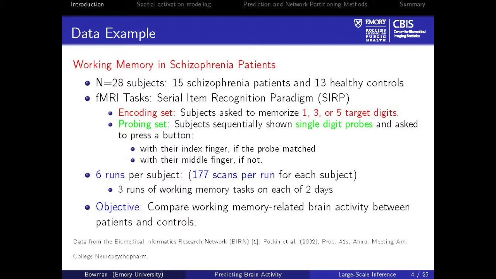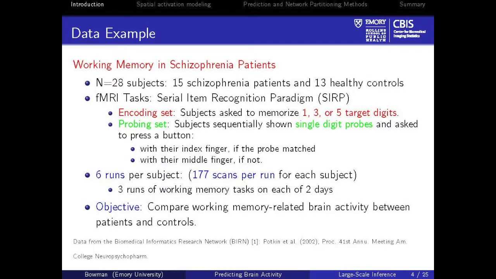The working memory task was in the form of a serial item recognition paradigm, and it went as follows. There was an encoding set where single digits were shown in red, either 1 digit, 3 digits, or 5 digits, and that was shown momentarily. Then after a brief delay, a blank screen, probing set digits were shown.